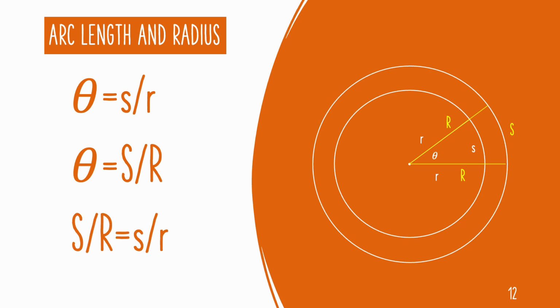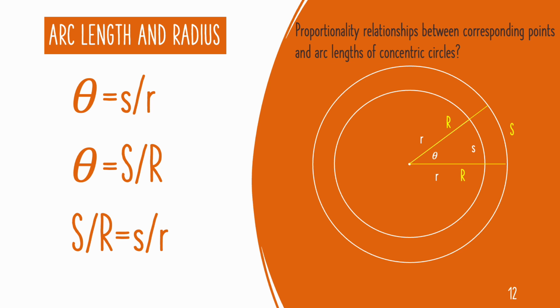So I can say that the ratio of arc length to the radius of the bigger circle is the same as the smaller circle, right? And from there we get the idea of proportionality relationships between corresponding points and arc lengths of concentric circles.